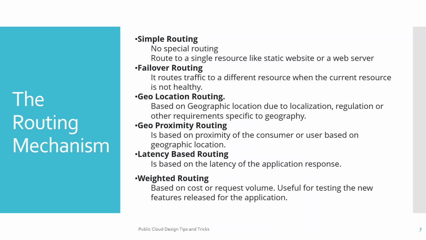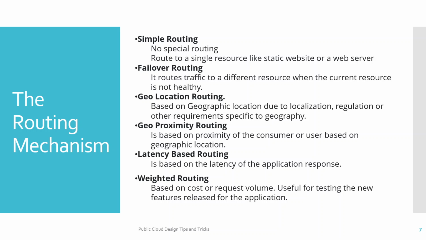What is geoproximity routing? It is based on the proximity of the consumer or user, based on geographic location. Latency-based routing is based on the latency of the application response, so it always ensures a better response time. What is weighted routing? It is based on cost or request volume.